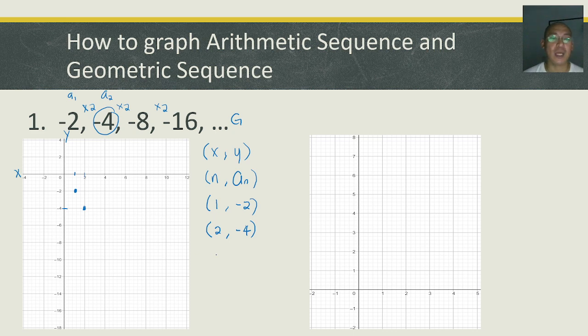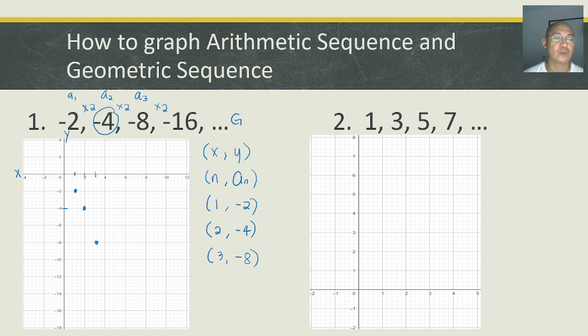But what about if n is 3? What will be your a sub n? If n is 3, we have a sub 3, so we have negative 8 as our a sub n. So this is your x value of 3, and here we have negative 8 for the y value.